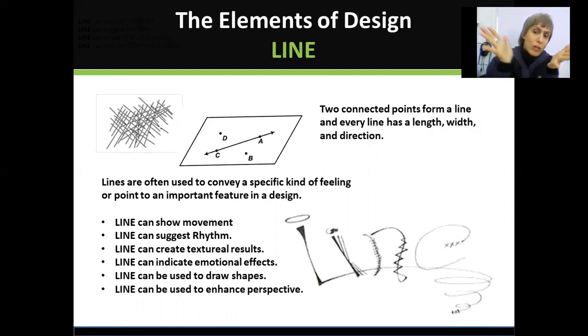Now, if I draw a table in perspective, okay, and I draw it from a certain angle, the lines that are close to me will be more thick. So I will start with a thick line, and then when it goes away from me, the line will become more and more thin.